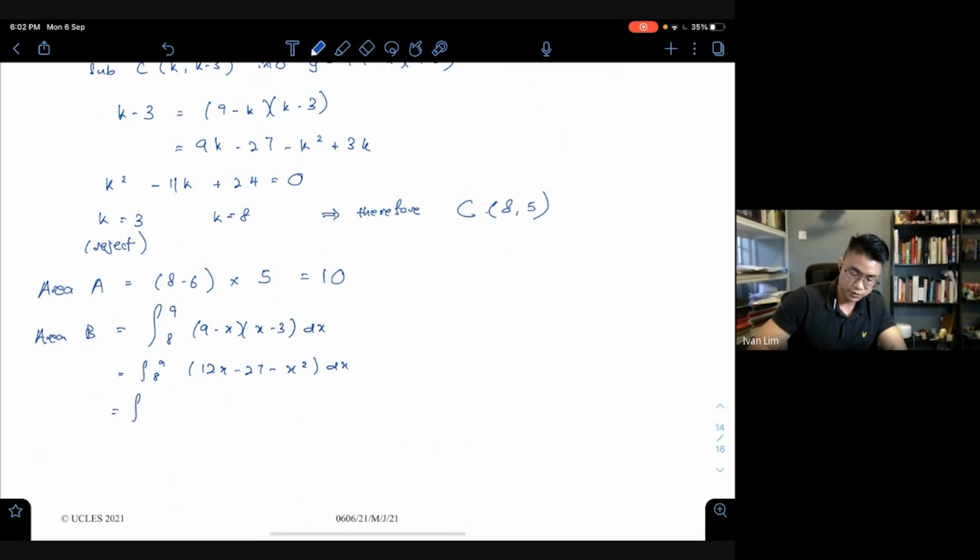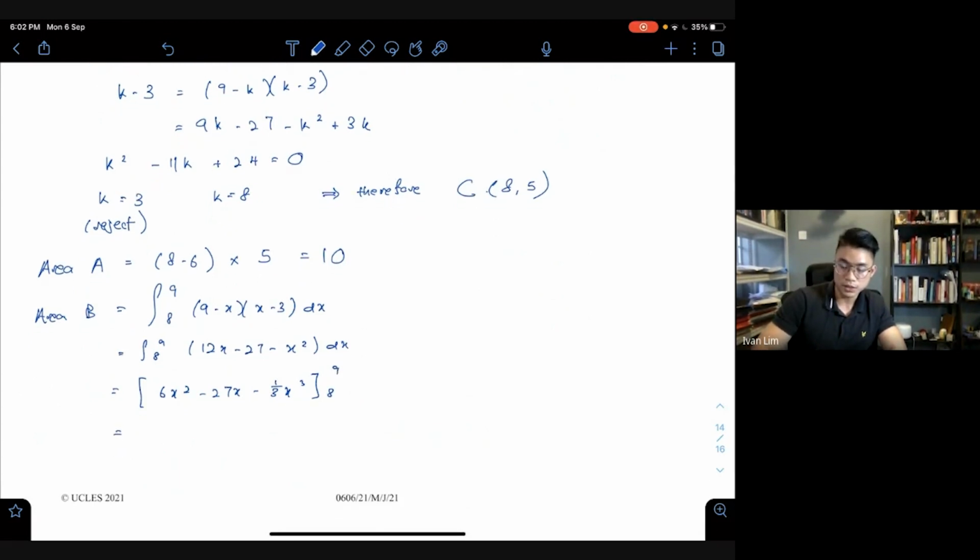Integrate this. This is your definite integral, so we put a square bracket. 6x squared minus 27x minus 1 over 3 x cubed, from 8 to 9. You sub it in. Sub in the 9, sub in the 8. You get 0 minus negative 2 and 2 over 3, which will give you positive 2 and 2 over 3.